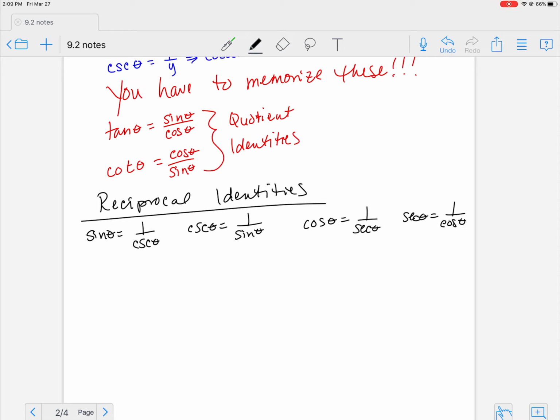We have cosine of theta is 1 over secant, meaning that secant is 1 over cosine. All right? And then lastly, what we already know is that tangent is 1 over cotangent, and cotangent is 1 over tangent.